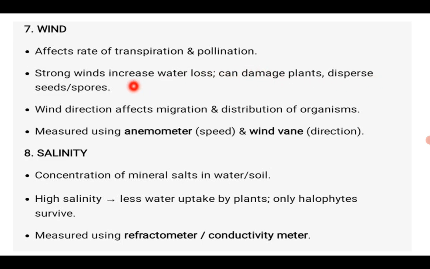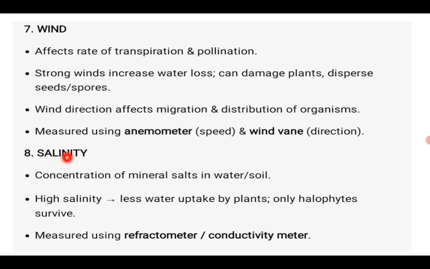It can also help in the dispersal of seeds and spores. Wind direction affects migration and the distribution of organisms. The speed of wind can be measured using an anemometer, and the direction is measured using a wind vane.